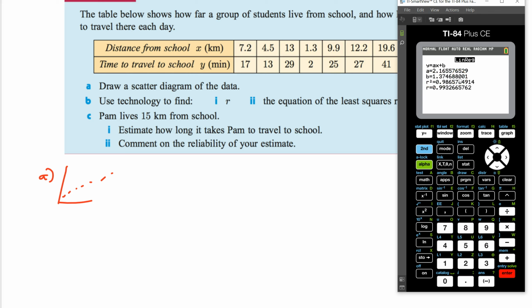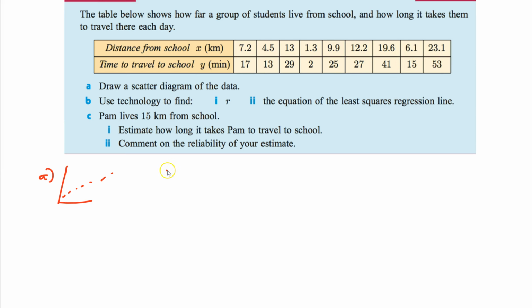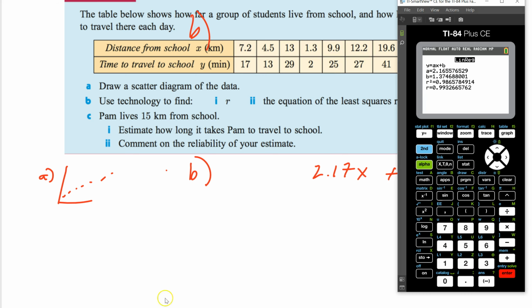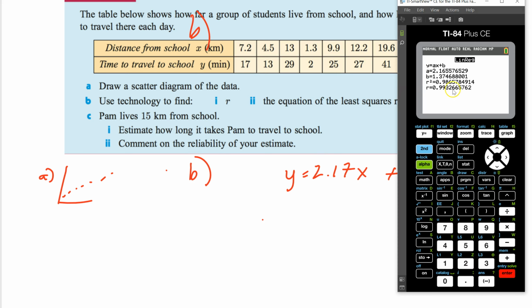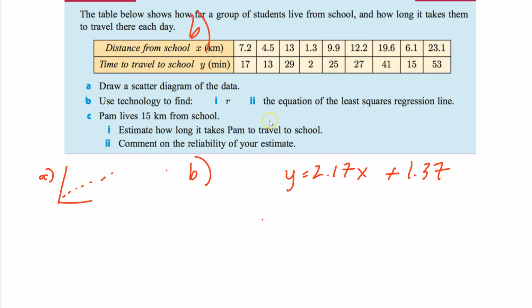So that's my equation: 2.17x plus 1.37. And R is 0.993, which is very strong, as I suspected. So we have a very strong correlation and we have our equation here. So there's A and B.